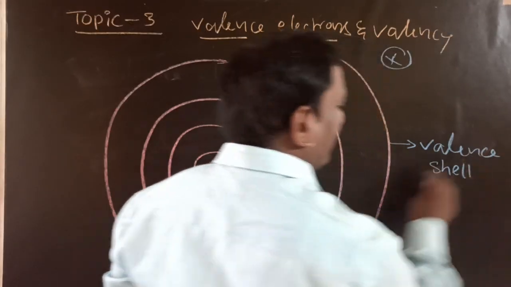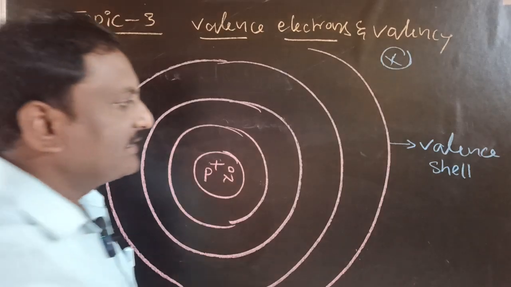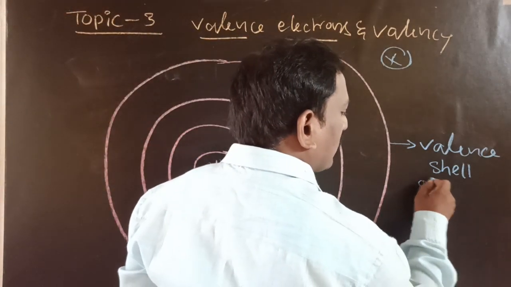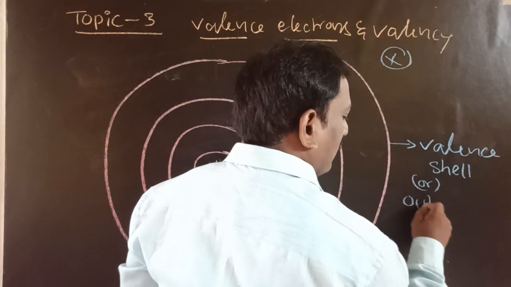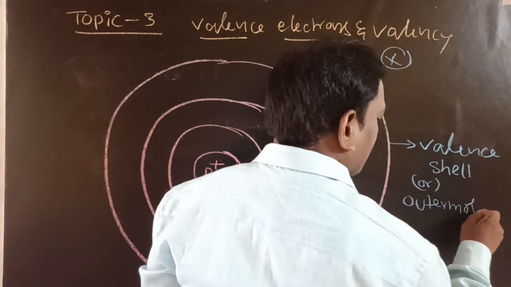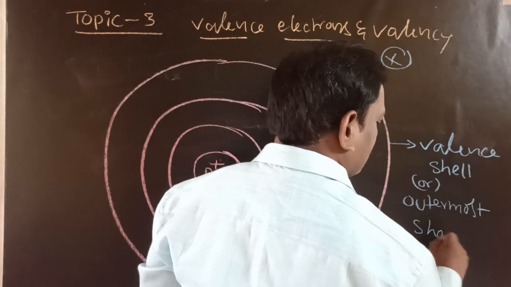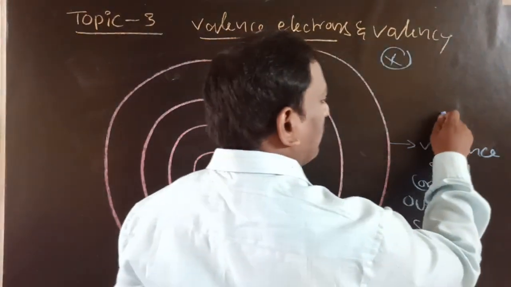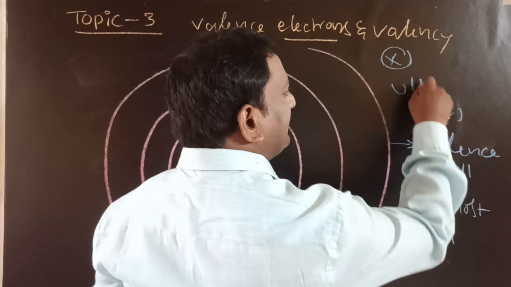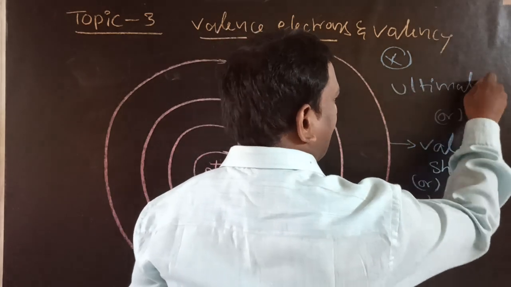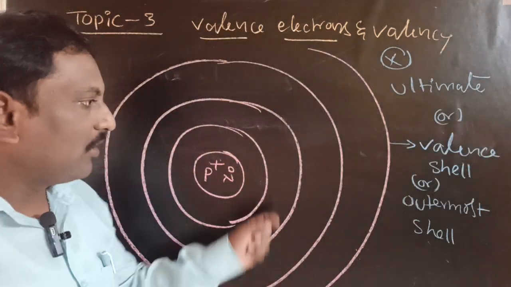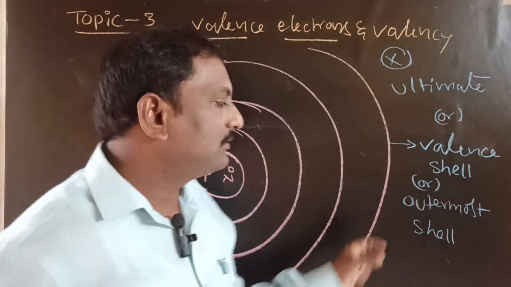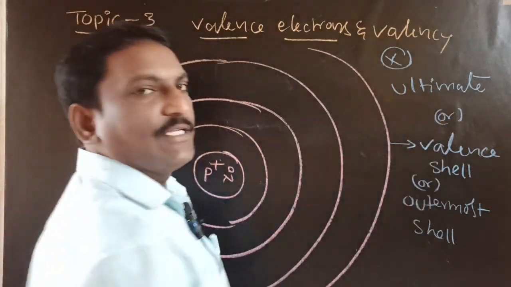So valency shell means outermost shell. The valence shell is also called the outermost shell, and the outermost shell is also called the ultimate shell.